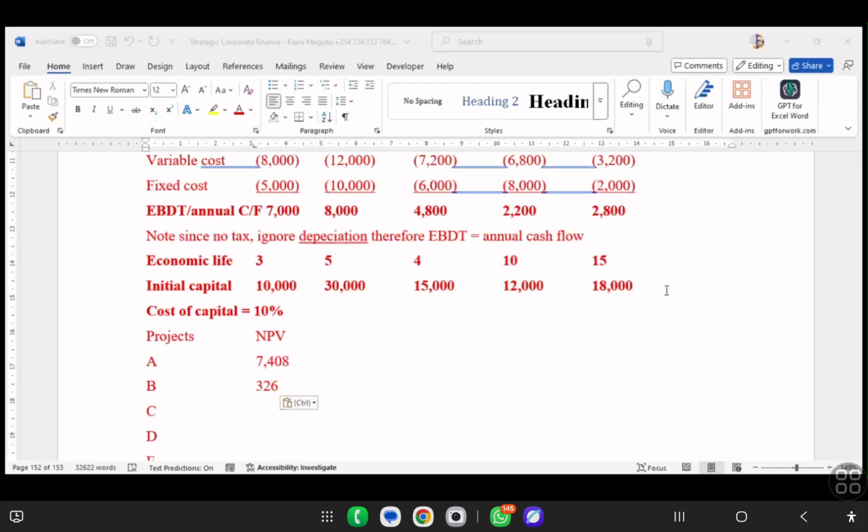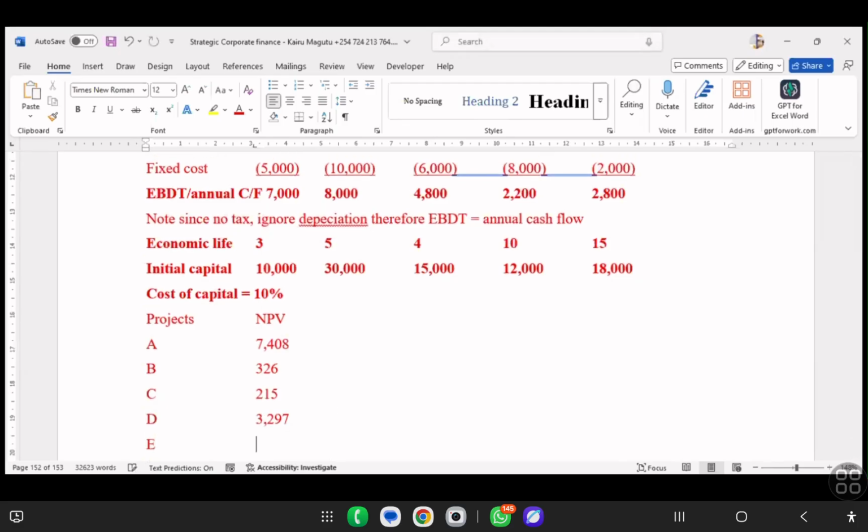I see someone has posted 215 for C. Someone is giving 297. I don't know whether that is correct.